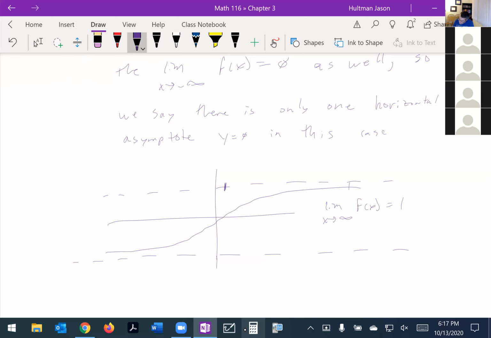The boundary that it approaches here is 1, as opposed to if I go to negative infinity, then the limit as x approaches negative infinity of f of x is equal to negative 1. So in this case, the horizontal asymptote depended on which direction I was heading.